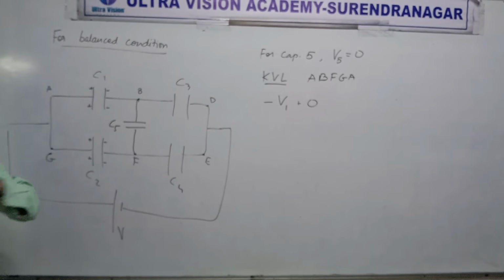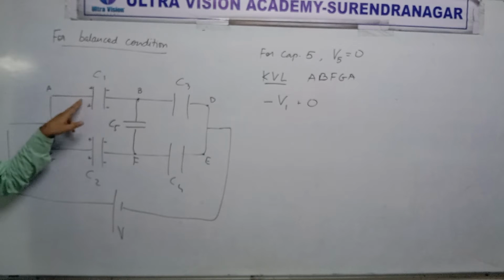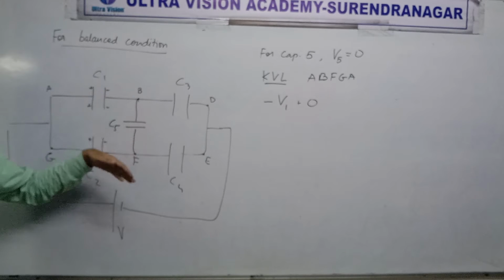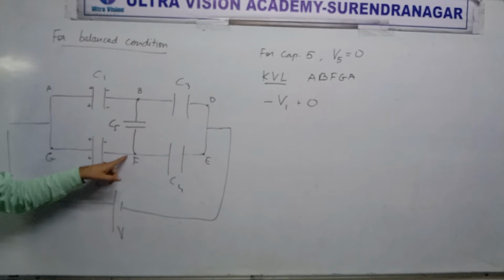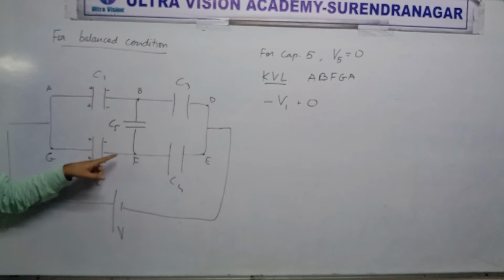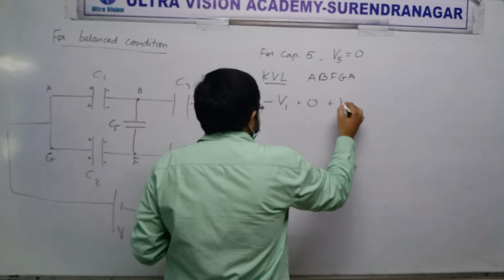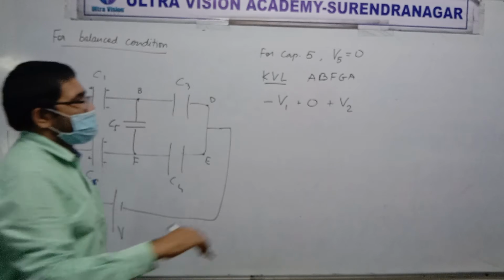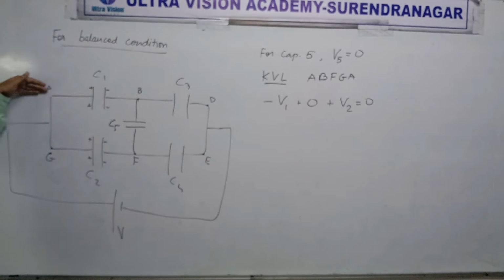B to F, both are at the same potential, so the difference is 0. Then F to G, you are going from lower potential to higher potential, so plus V2. This is equal to 0 because there is nothing else here.